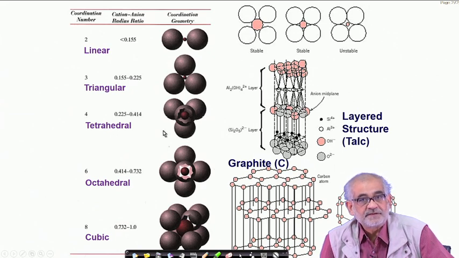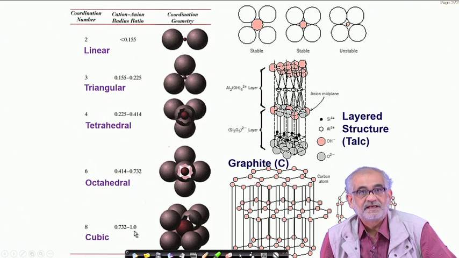Then we go into the 3-dimensional array, which begins with the so-called tetrahedral coordination, and with more complexity you can bring in octahedral or even cubic coordination. If the ratio between the cation and anion is between 0.225 and 0.414, you are likely to see tetrahedral. If it is 0.414 to 0.732, it gives octahedral coordination, and anything between 0.732 and 1, you are likely to see cubic.